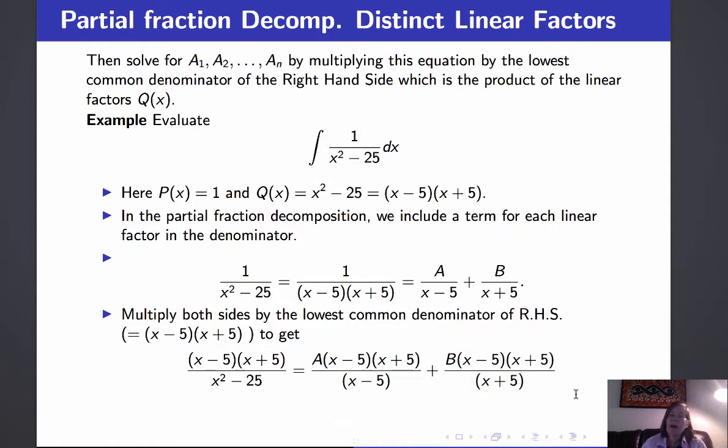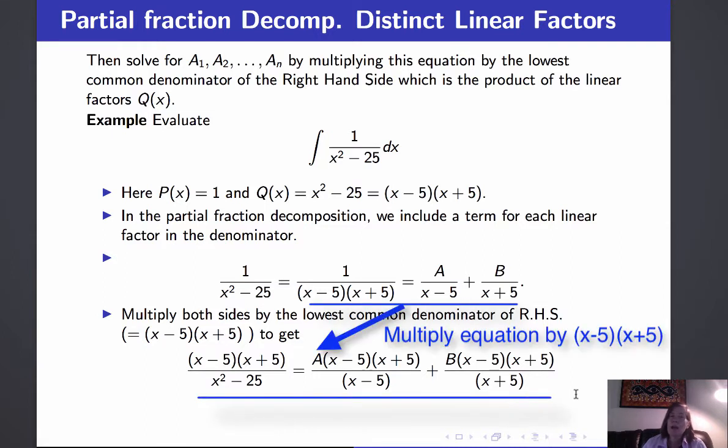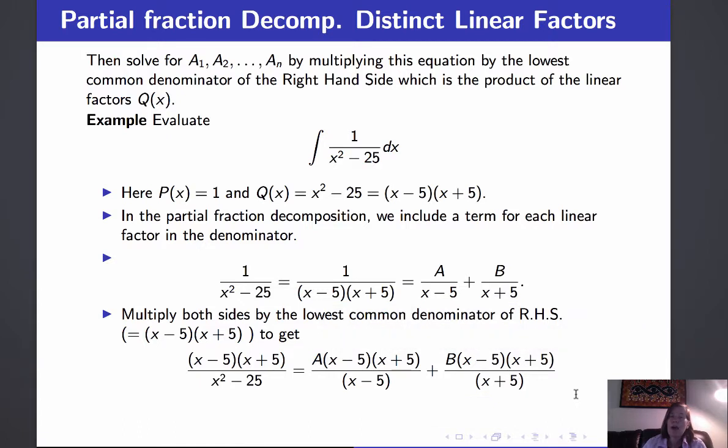Well, to find values for a and b, I multiply by this denominator q(x) on the left-hand side of this equation and on the right-hand side. It's best to keep the factored form because then you can see how the cancellation works on the right-hand side.